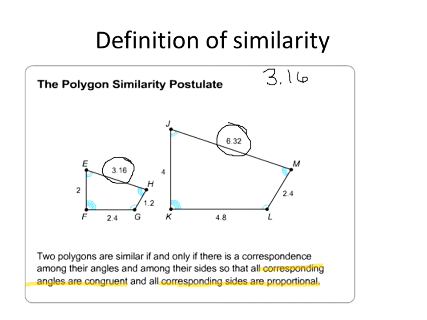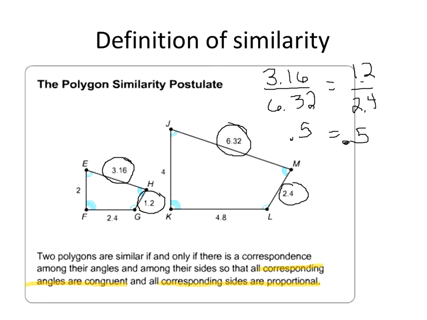So when I take the length of the side, obviously you can tell they're not the same length, but the ratio between their sides, 3.16 to 6.32, will equal the same ratio if I get 2 other corresponding parts, like 1.2 and 2.4. If I change these to a decimal value, if I take 3.16 and divide it by 6.32, I'll see that that is equal to 0.5. And so is the second ratio, 1.2 divided by 2.4 is 0.5.